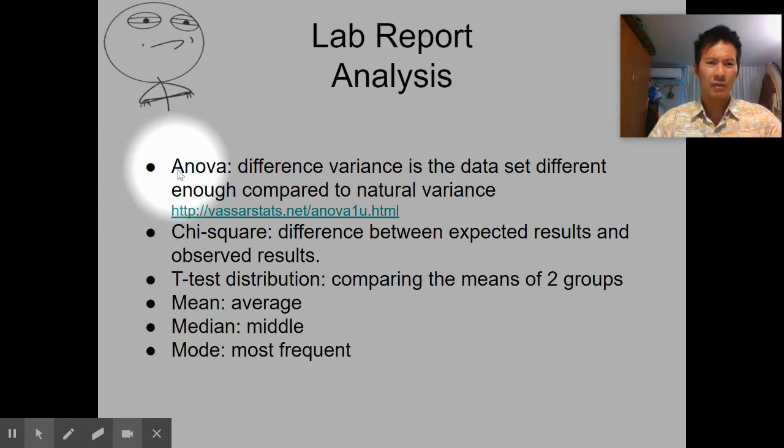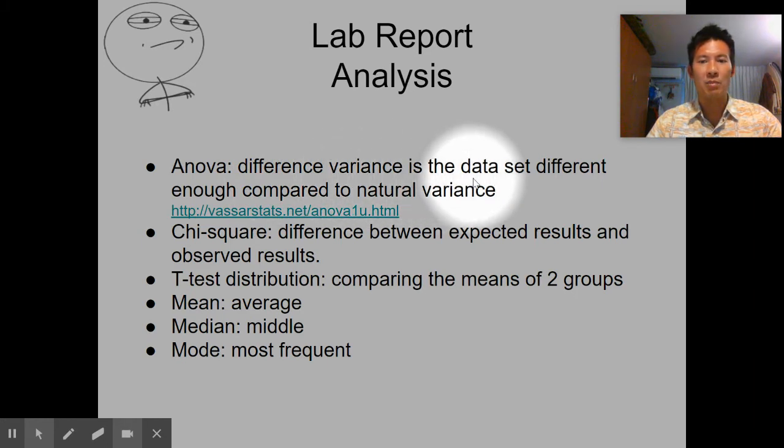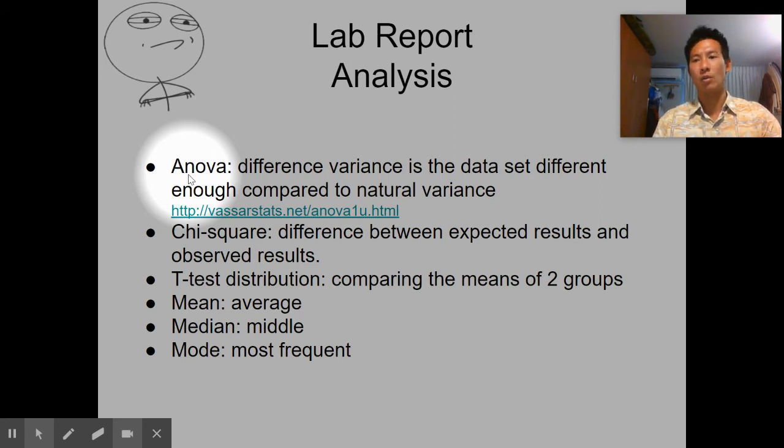Therefore, if you're using one of these, you want to set up your hypothesis to match it. So the ANOVA measures a difference of variance between multiple data sets. So you would use a hypothesis kind of like, is something affected or not.